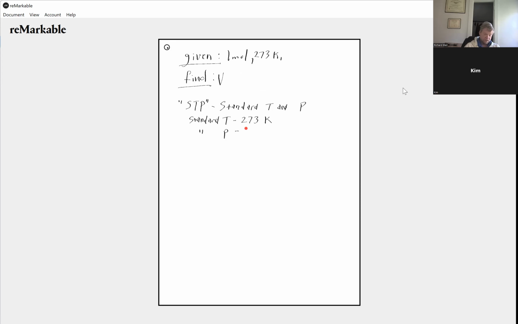Standard pressure is 1 atmosphere of pressure. It's the average pressure at sea level without a pressure system coming through. So when I say at STP, we do know pressure and we do know temperature.